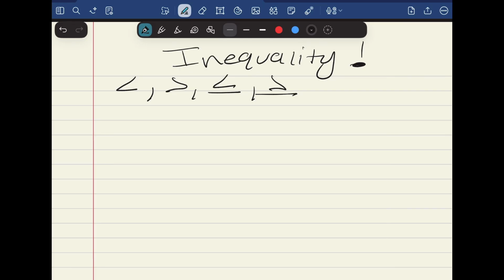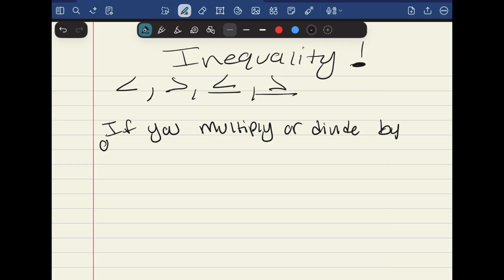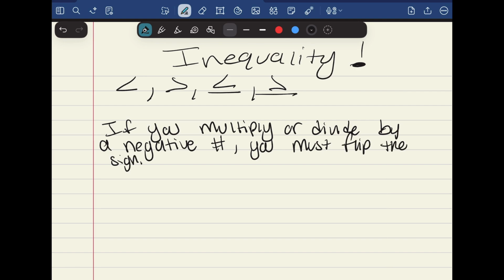If you multiply or divide by a negative number, you must flip the sign. This applies to the end game, and I'm going to show you an example of this in a second so you'll get it.